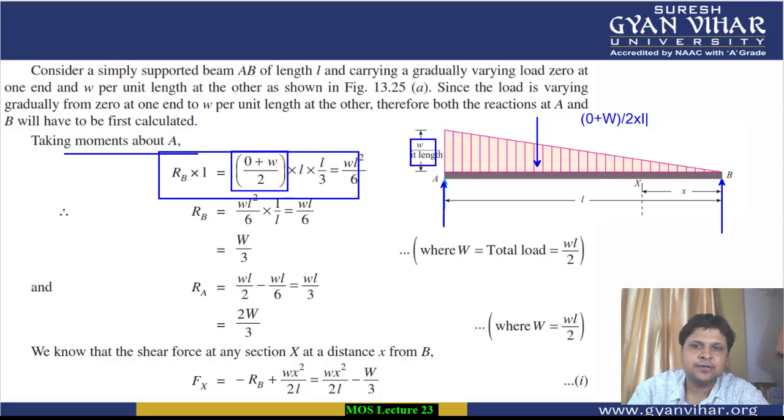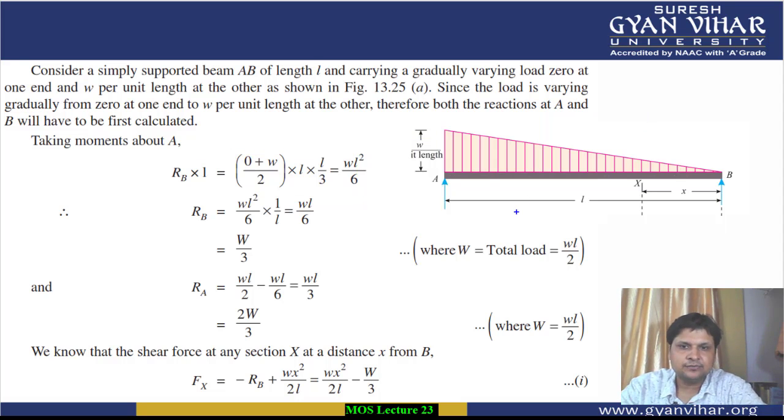So (0 plus W) divided by 2 into L, into L by 3, you will have to write if you want to calculate the moment, because we are considering that the whole point load in place of this UVL acts at the center of gravity, which lies at a distance of L by 3.